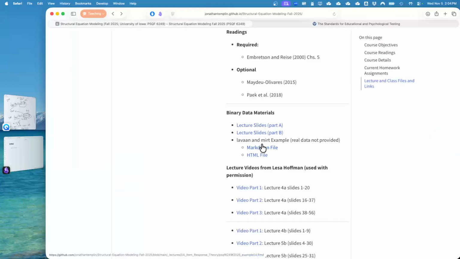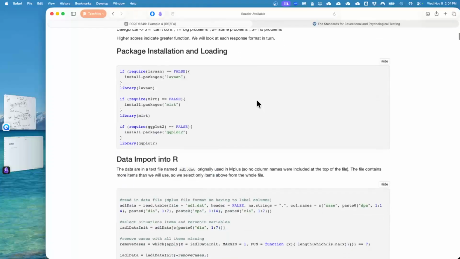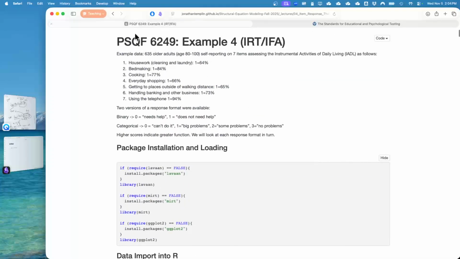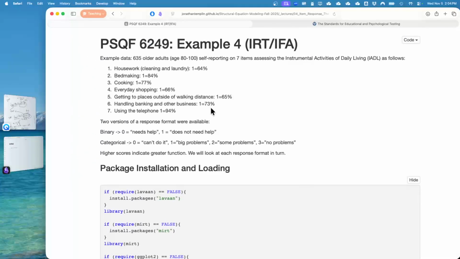And for this right now, I think I'm just going to grab my HTML file here and show how this works. So this is an example. Can you see this okay? Example of Lisa's data. If you've got older adults, that's usually her data. You've got ed measurement stuff, that's usually mine.